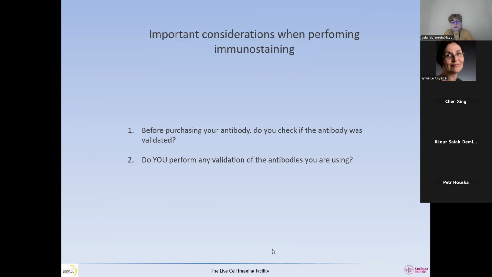So as I can see, not too many of you actually check if the antibody was validated, which very much could have been, but you didn't pay attention. Actually 28% did check.